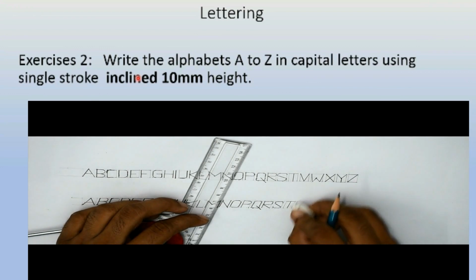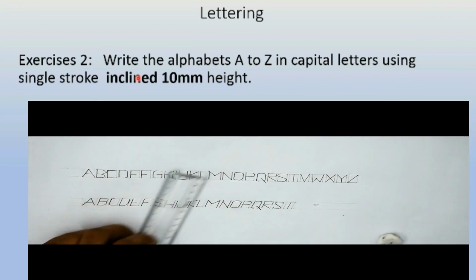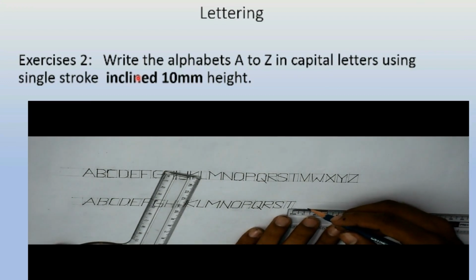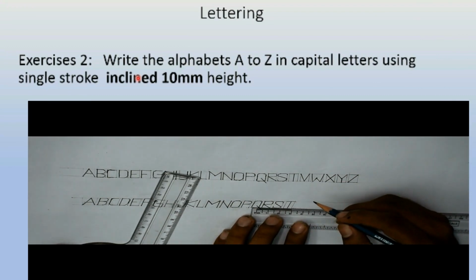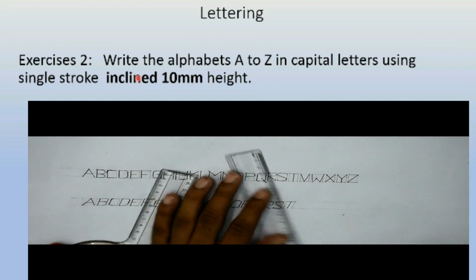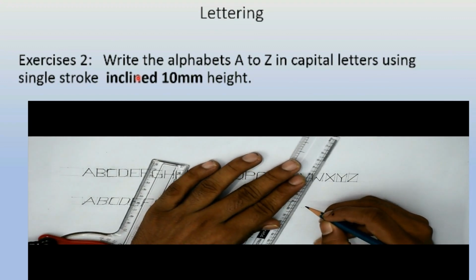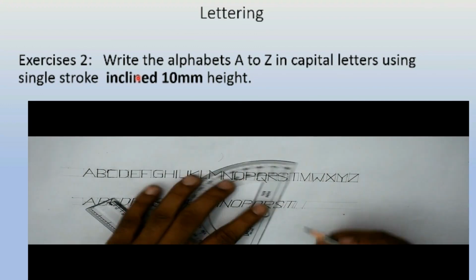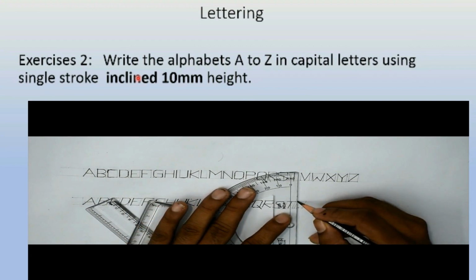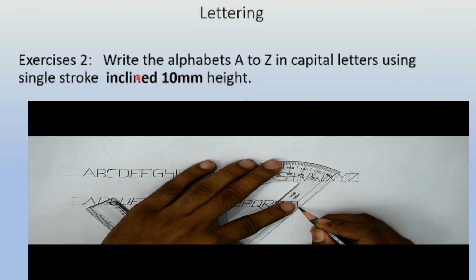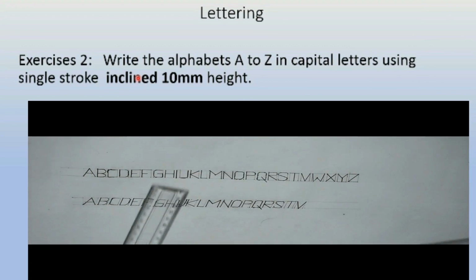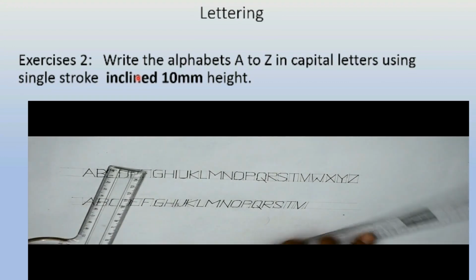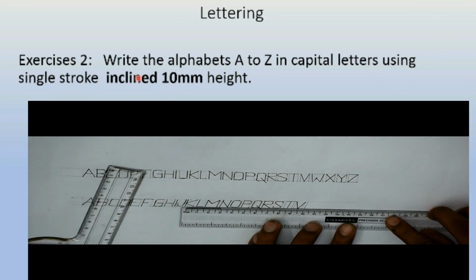See, I made a mistake. So now we have to draw the alphabet V here. For that, just take a point in the center and join this line. And the letter W is an exception. As we know, we have to take the complete width as 10 mm.